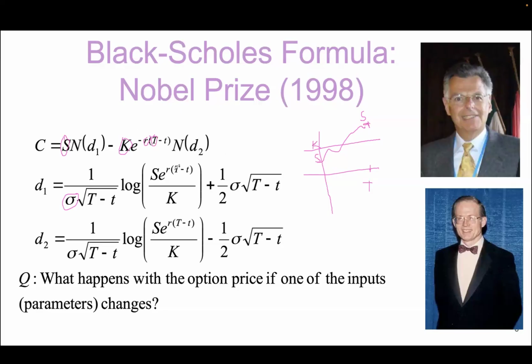For example, we compute all this for S equals 100, but if S is 101, how does the price change? Or if r for today is 5%, but for tomorrow we predict a different value, how does this change? You understand the question, yes?